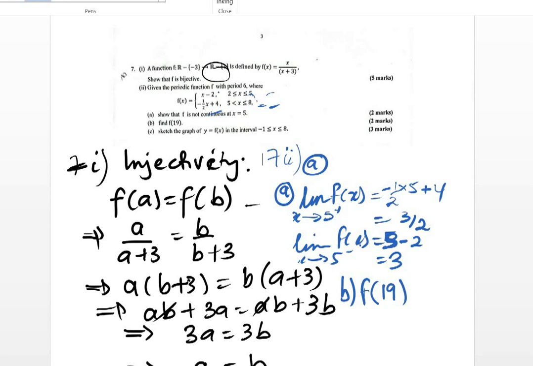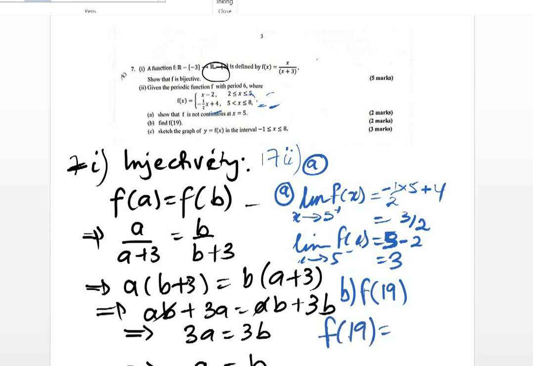So how do we use periodicity? If it is periodic, you write 19 as a multiple of 6 plus a number that falls in that range.